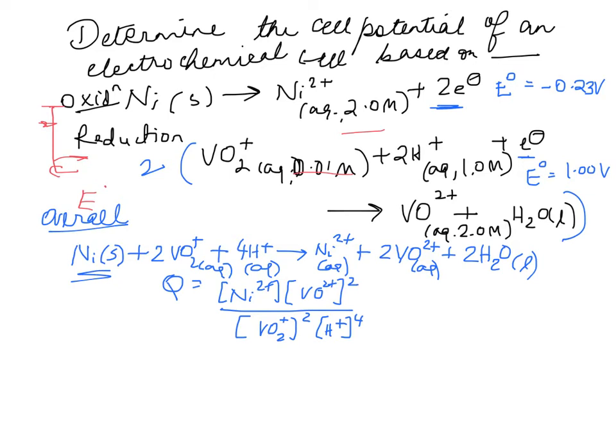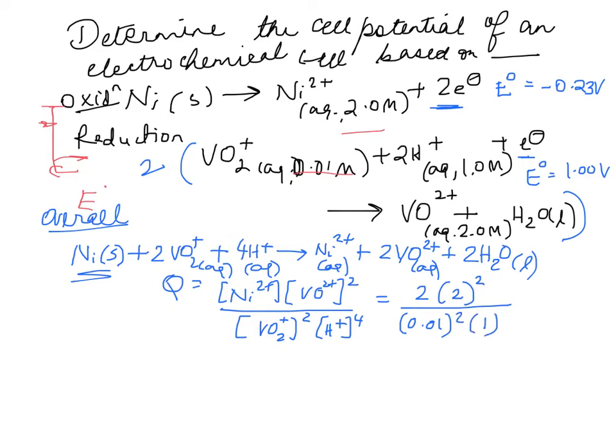And now we are going to just basically put in the values. Nickel is at 2. Vanadium is at 2 molar as well. We are going to take a square of that. We'll divide that by 0.01 squared.